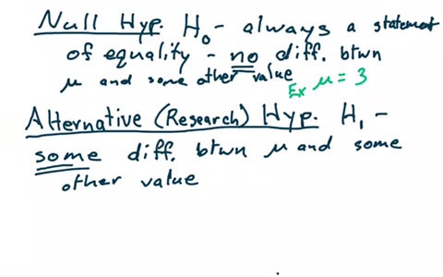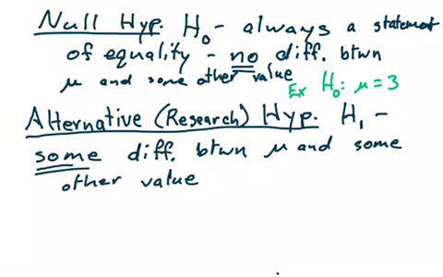We would say H subscript 0, and I usually put a little colon right behind it. H subscript 0 is the statement mu equals 3.